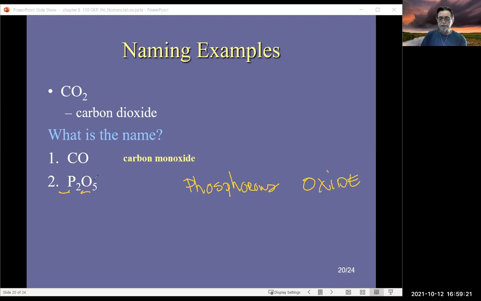Now we come back for the prefixes. We've got pentoxide, I dropped the A, and then we've got di for two of them, two phosphorus. You've got 5 oxides and 2 phosphorus. And so its name, without the A after the penta, would be diphosphorus pentoxide.